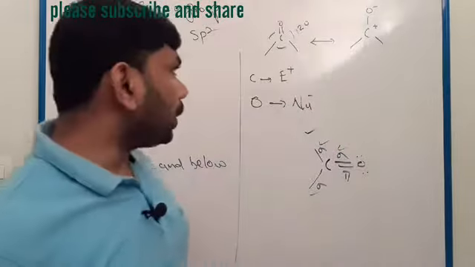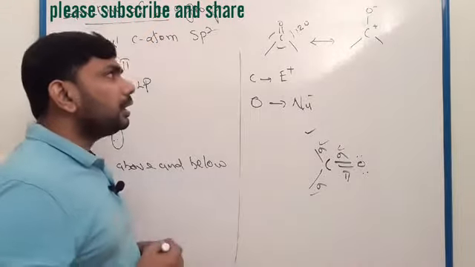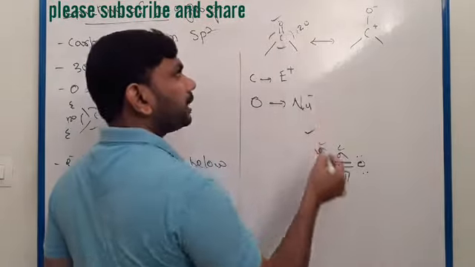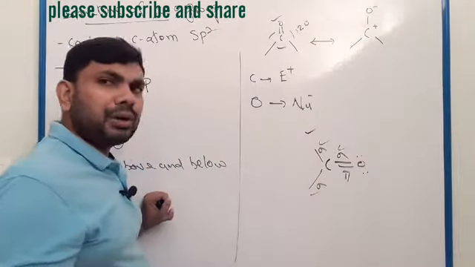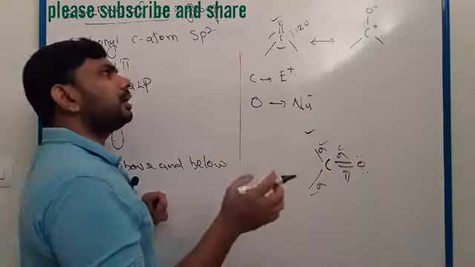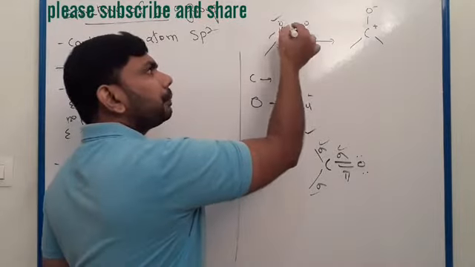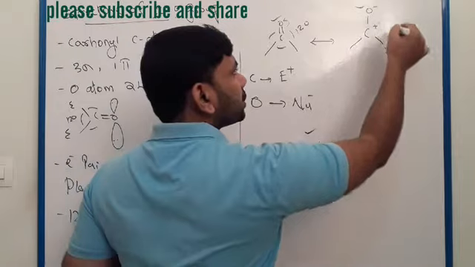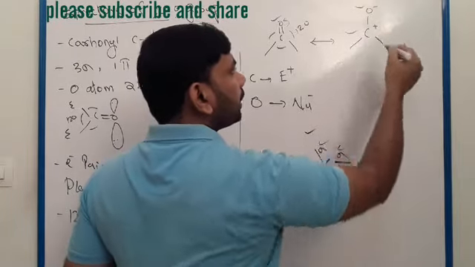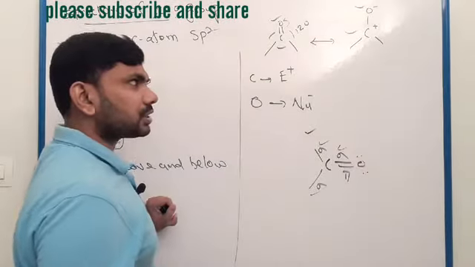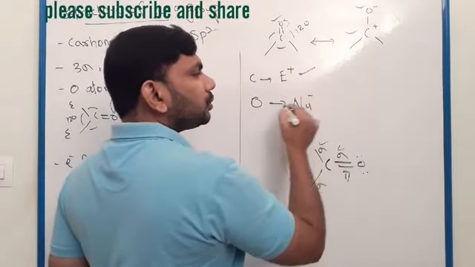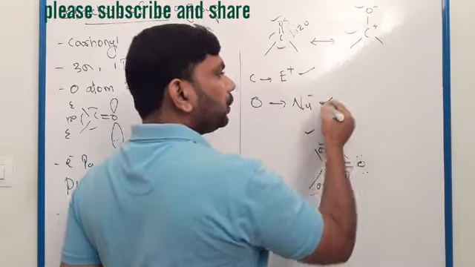Okay, and also in carbonyl group we know oxygen is highly electronegative, and it pulls the electron pair towards itself, and here oxygen gets a partial negative charge and carbon gets a partial positive charge. That means carbon acts as an electrophile and oxygen acts as a nucleophile.